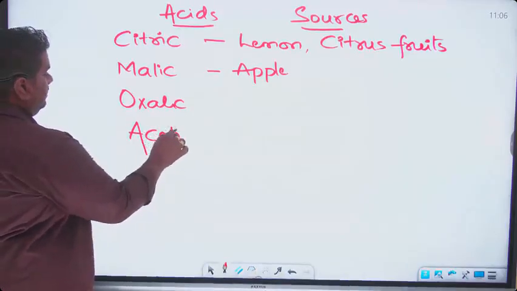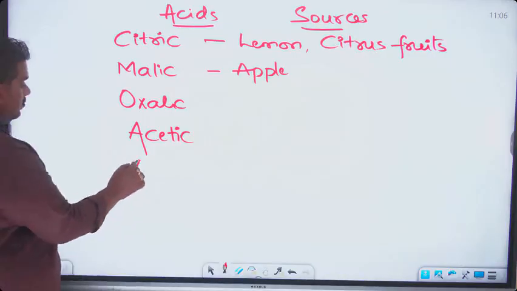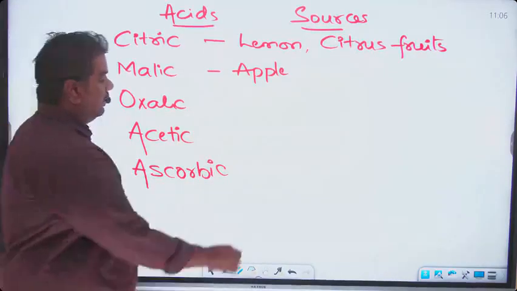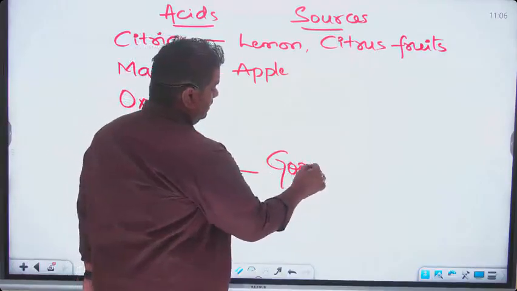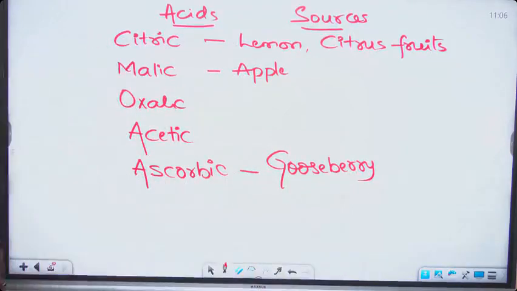Acetic acid, vinegar. Ascorbic acid, gooseberry, usirikaya, that too the small size ones, not the big ones.